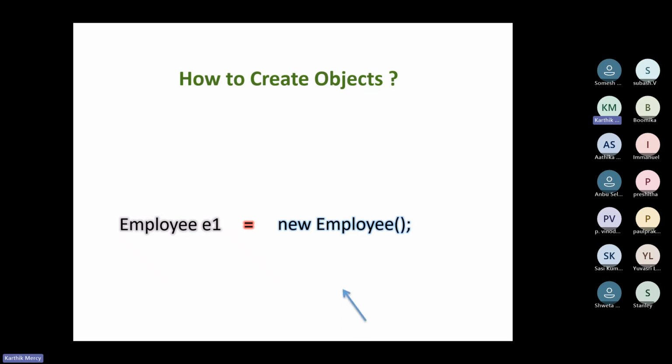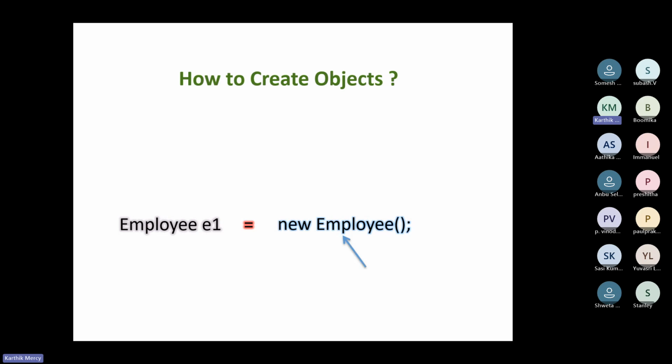The one that the arrow has just gone to now is the first step, or you can say the first point. The one that is pointing and getting highlighted in blue is responsible for creating an object.